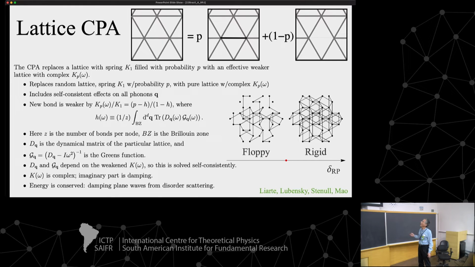And you can think of it, though, as one of a number of these calculations where you take some bonds, here's a triangular lattice, and you try to mimic the diluted lattice, one of these guys, by a pure lattice with weaker bonds, with weaker frequency-dependent bonds.